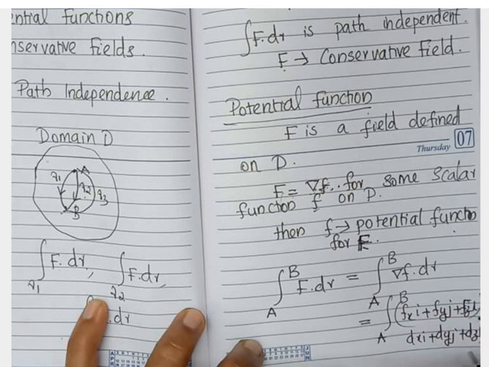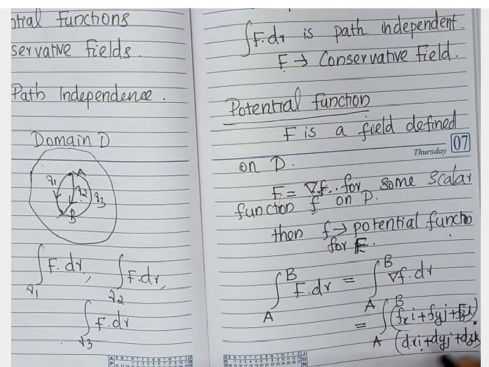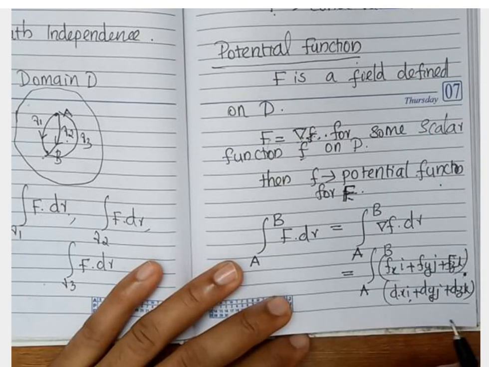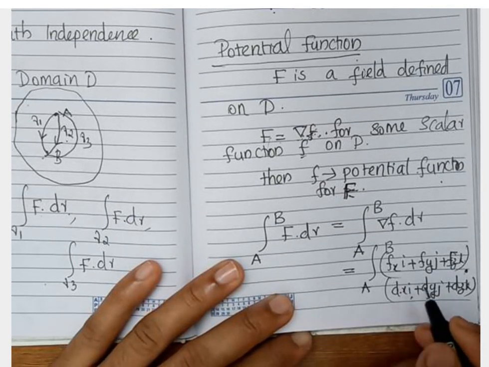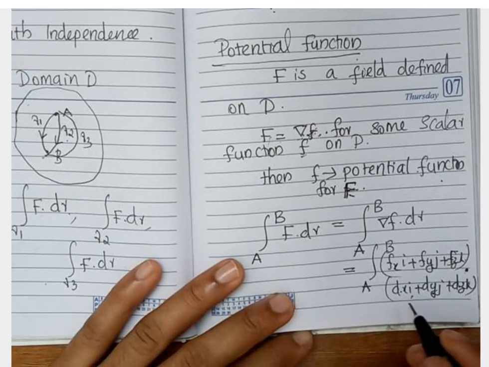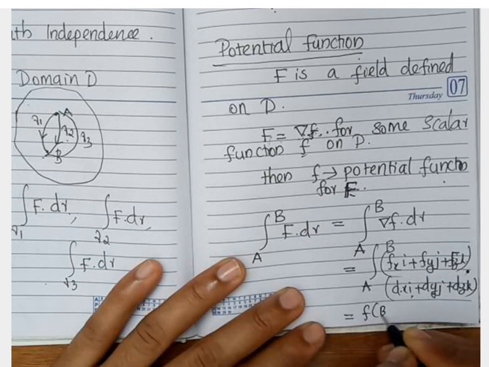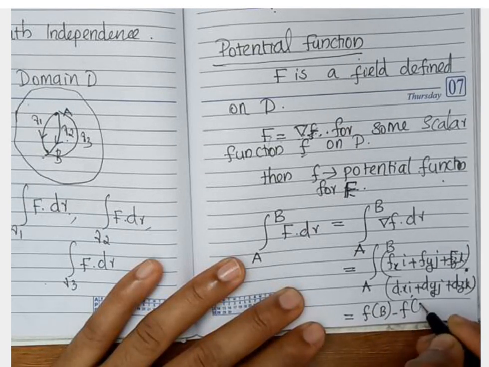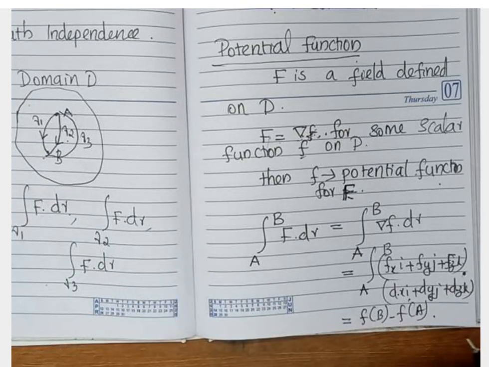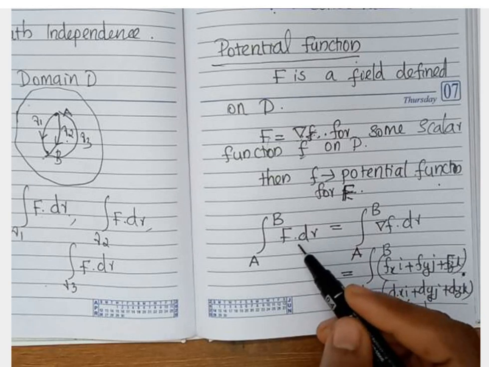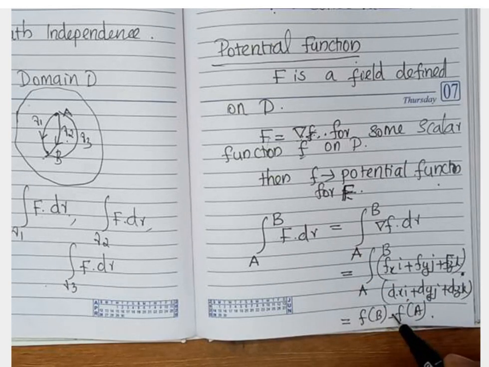This dot product is fx dx plus fy dy plus fz dz. This is the derivative of f, which is equal to f of B minus f of A.